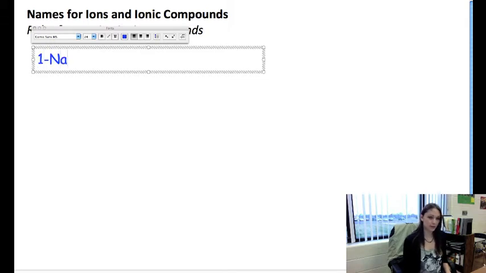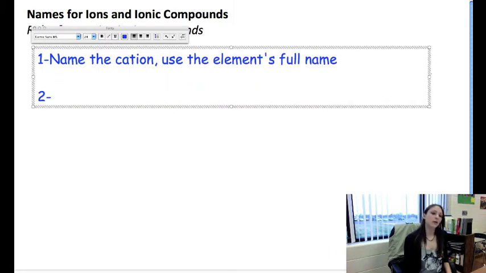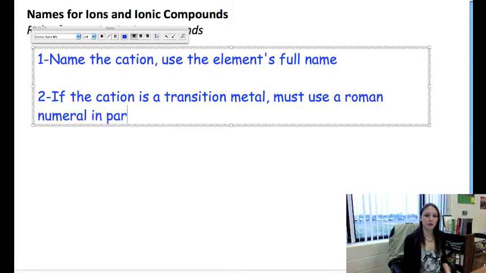The first step is to name the cation. You use the element's full name. If the cation is a transition metal, you must use a Roman numeral in parentheses to indicate the charge.